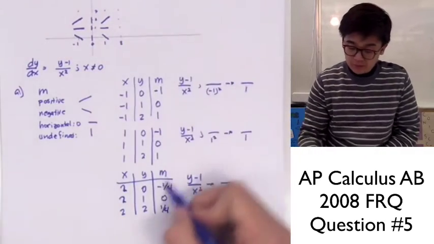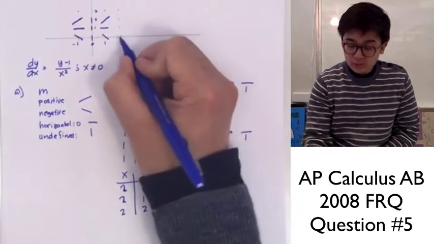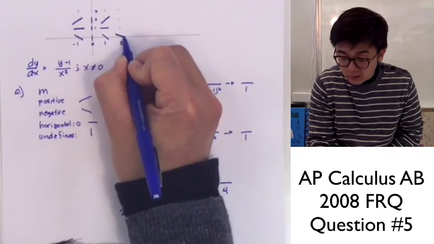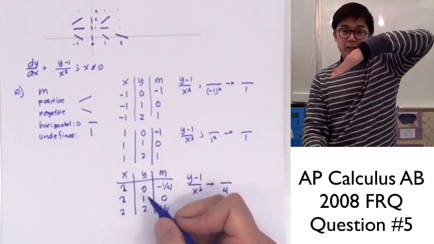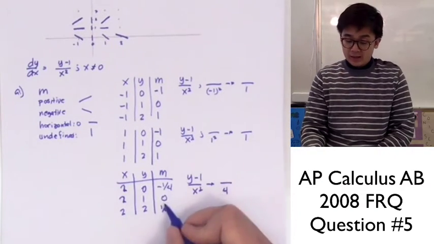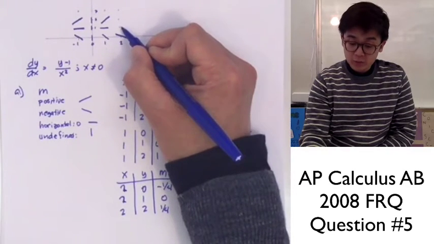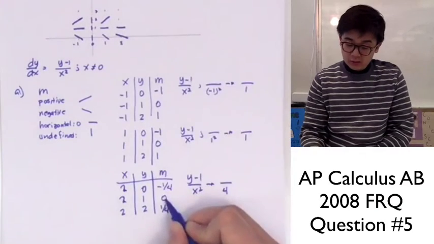So for the first one, at y equals 0, we have negative 1/4, so we can have a negative slope, but it's going to be a little bit closer to 0. So we can have a slope like that. It will become a little bit slanted like that. And for y equal to 1, at x equal to 2, it's still going to be a horizontal slope.